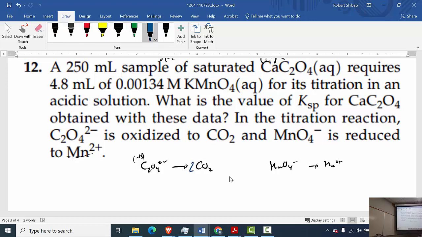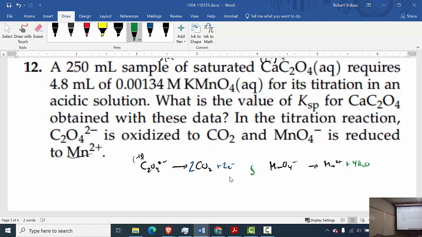And so we'll get 2 CO2s with 2 carbons. And that's going to give us 4 oxygens here, 4 oxygens here. And so we just need 2 electrons. And then it's balanced. Over here for permanganate, manganese is balanced, so we'll need 4 waters over here. And that will give us plus 8H plus over here.